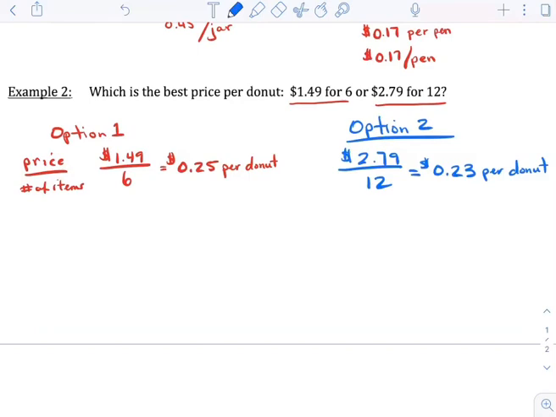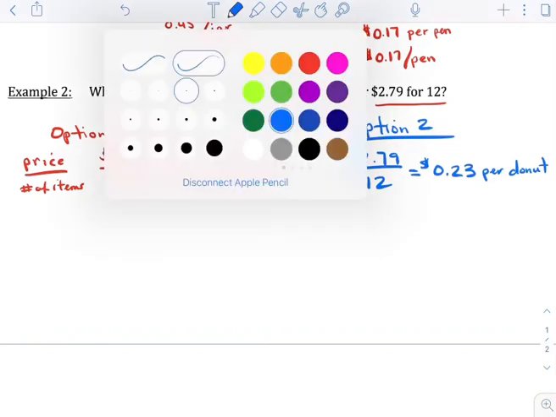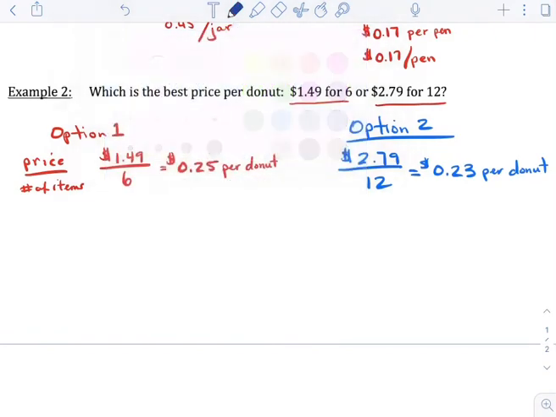So which of those two is the better buy? Well, I'd rather pay 23 cents per donut than 25 cents per donut. So the blue option must be the best. Option 2, the one where we buy 12 donuts, is the best. Perhaps you don't want to eat 12 donuts. You only want to eat 6, so you may buy the other one.